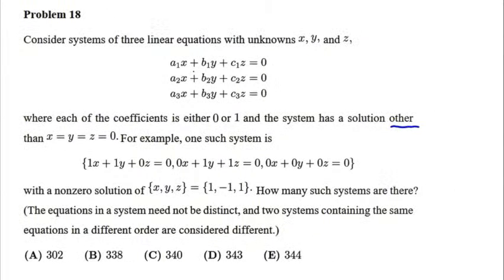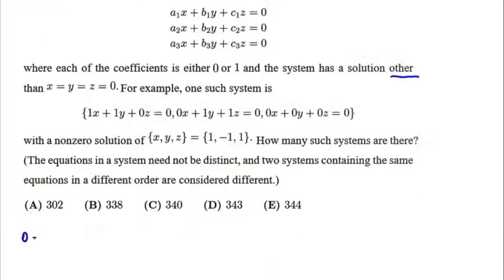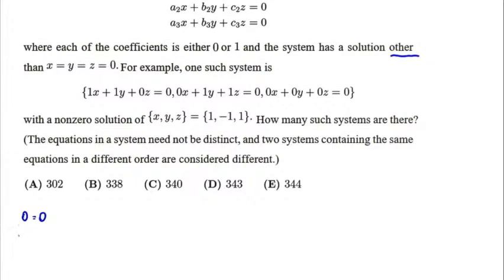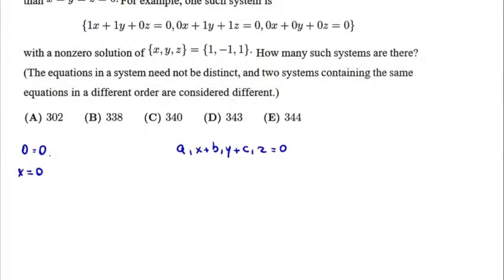Okay, so let's consider these three equations because a1, b1, for example, let's consider one of them. And they can only be 1, 0, so if all of them are 0, it will be 0. If, for example, a1 only is 0, the first one, then we have, for example, if two of them are 0, so x equals 0, look, a1x plus b1y plus c1z equal to 0. If all of them are 0, it is satisfied for all x and y and z.